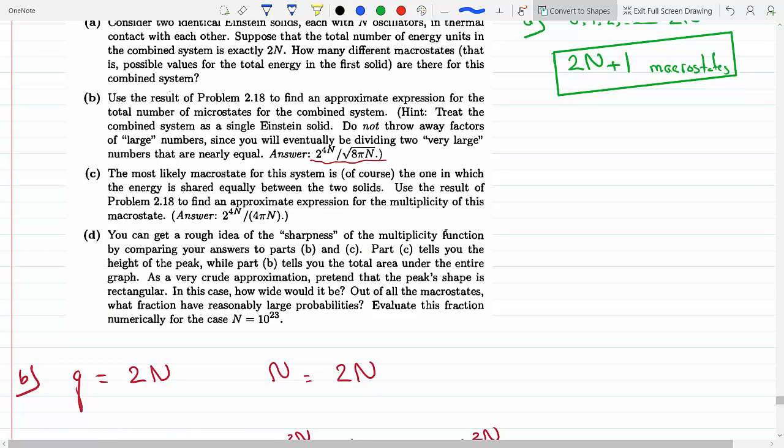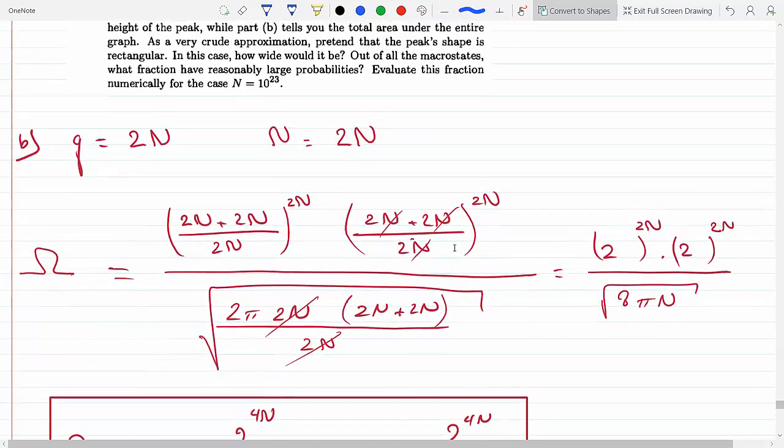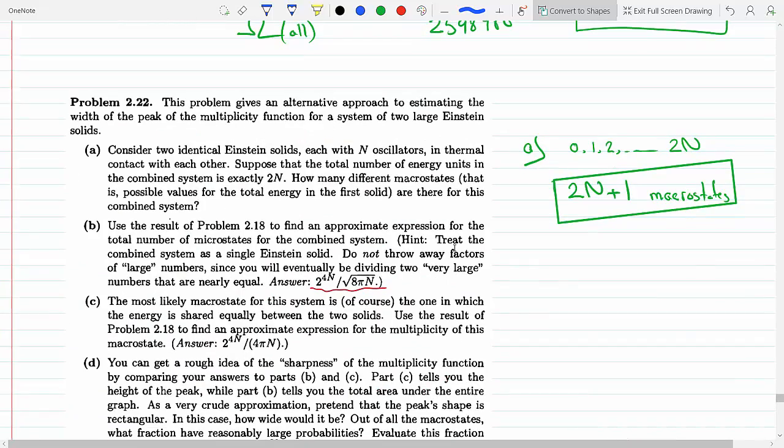Part D is where we put it all together in order to find out the width of the shape. So we're trying to get an idea here. In part B, if you recall, the question was asking for an approximate expression for the total number of microstates of the combined system when taken as a whole.